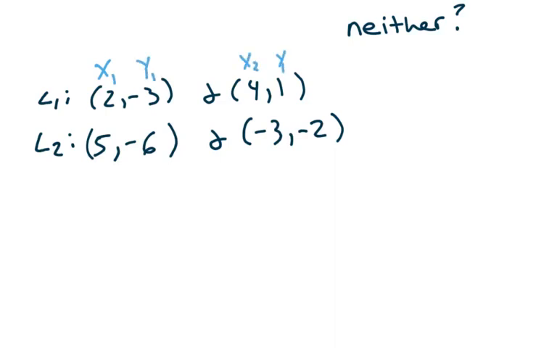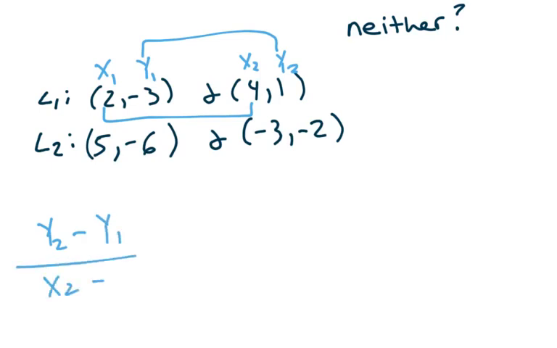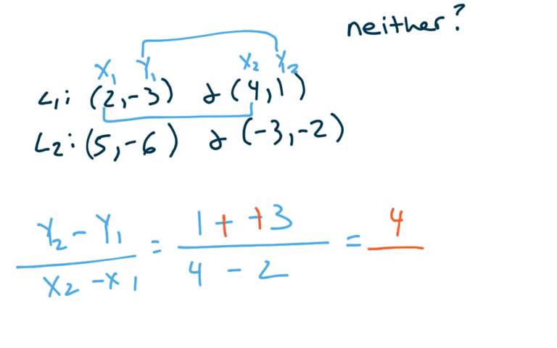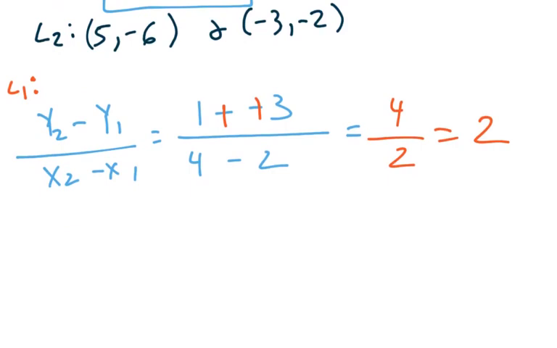So I'll label, I'll write the formula out, and I'll substitute in. Okay, negative negative becomes a positive. So the first one has a slope of 2. This is for line 1.